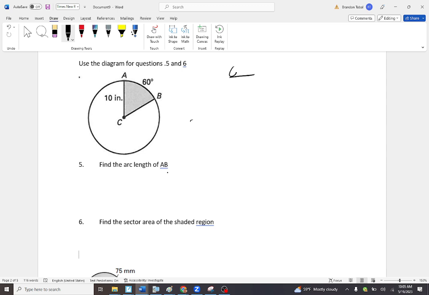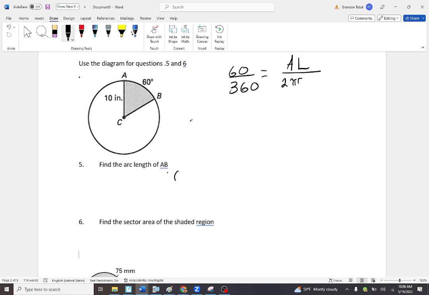So this is 60 degrees, divided by 360, because that's a full circle, equals the arc length, which we don't know right now, so I'll put AL, arc length, over the whole circle. What is the edge of the circle called? Starts with a C. Circumference. So circumference, which is 2 pi r.